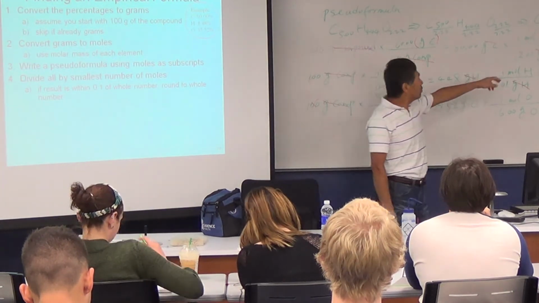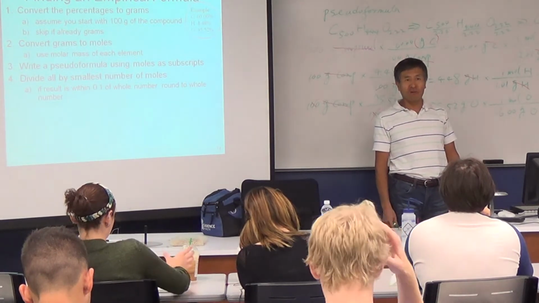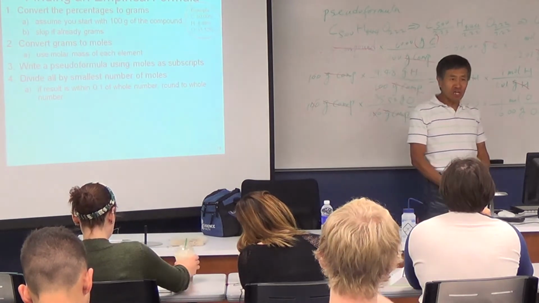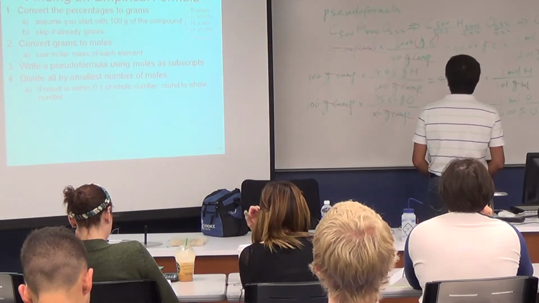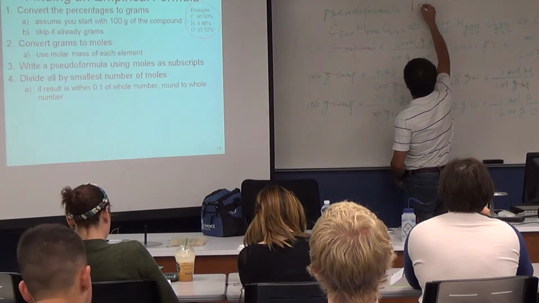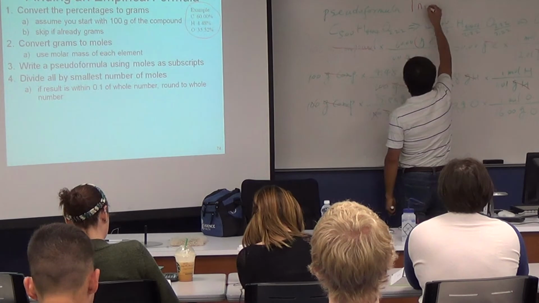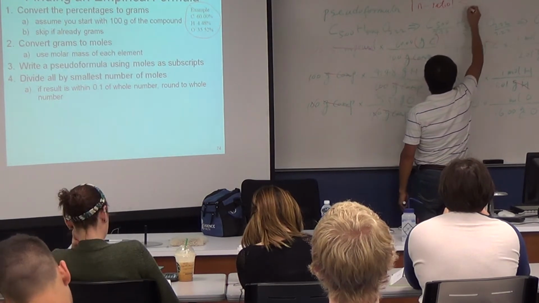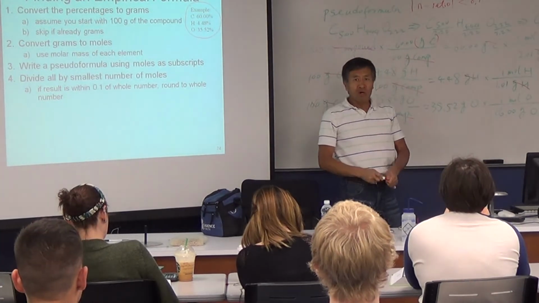But 2.25 is a little bit too far away from 2 or from 3. How far is close enough? We use a criterion like 0.1, which means if you get those ratios, let me use n for the nearest integer, and subtract the ratio you get. If it's smaller than 0.1, then you can round.